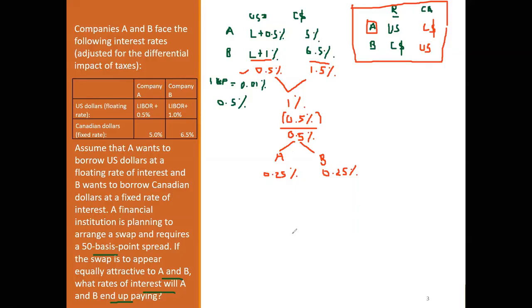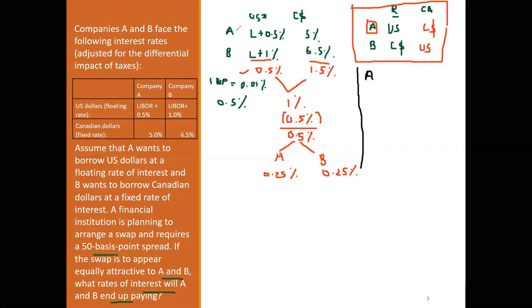So now, based on this, you can identify what would be the final cost for A and B through this swap arrangement. Let's take A first. A wanted a US dollar borrowing. So if it goes to the US market and borrows directly, what is the cost?